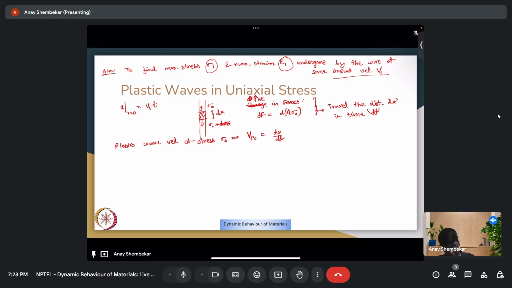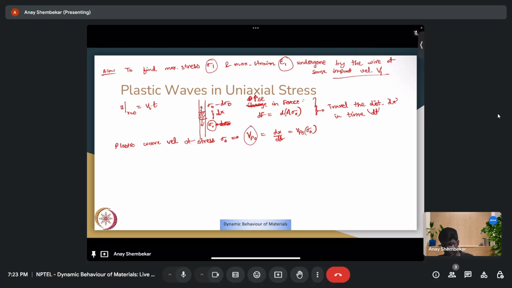So this sigma naught stress, that increase in stress that we are seeing due to the tensile loading, will travel the distance dx in time dt, and that will be basically the plastic wave velocity corresponding to that stress sigma naught.